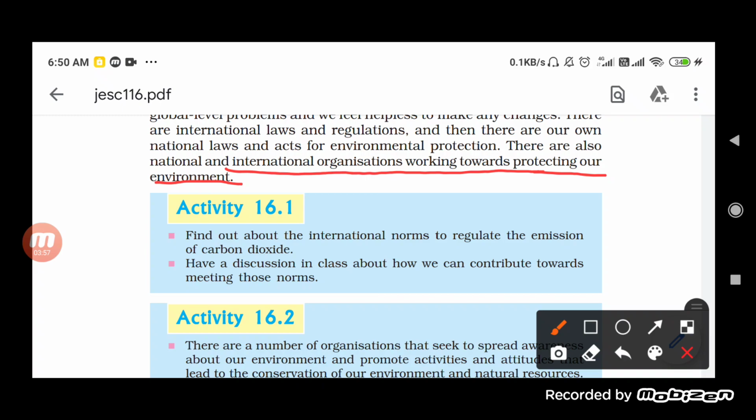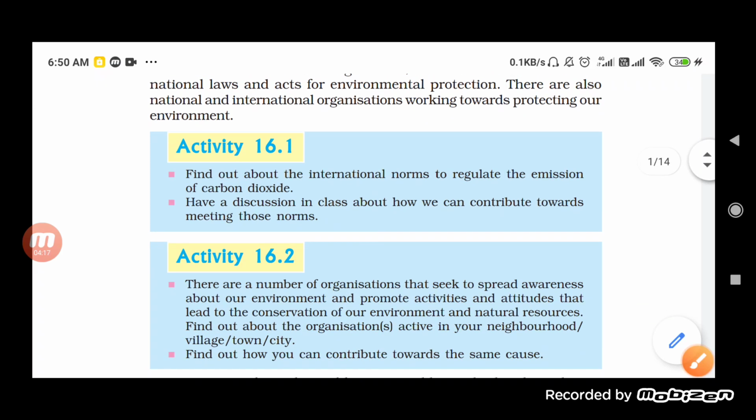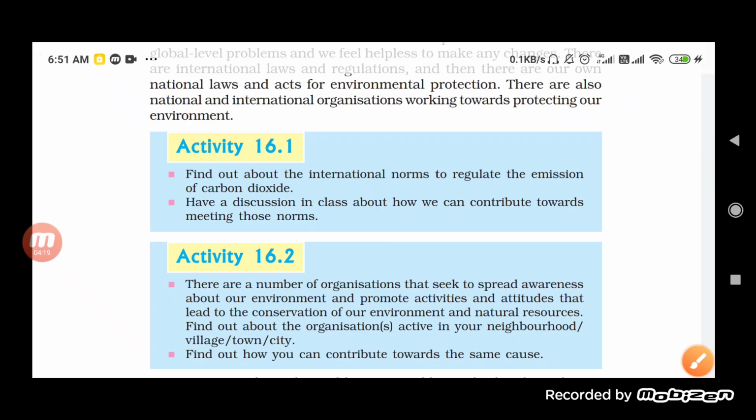So there is a need for managing our natural resources, and it is protected by a lot of organizations who are working on it. Okay, there are a lot of acts also, students, to protect our environment.